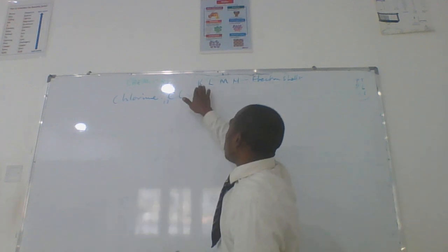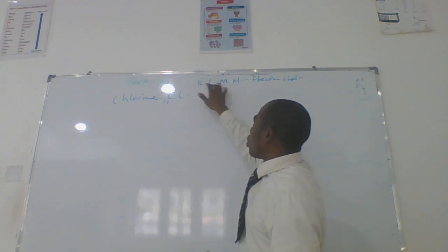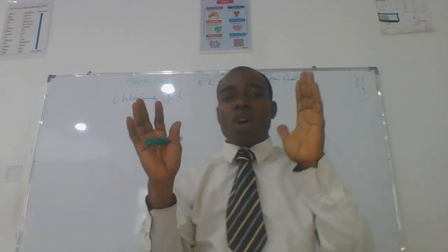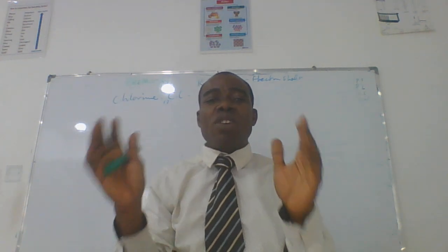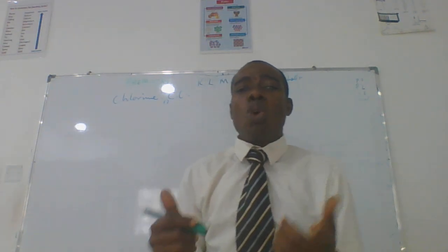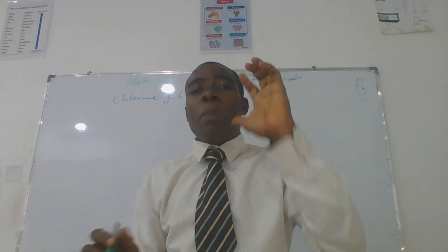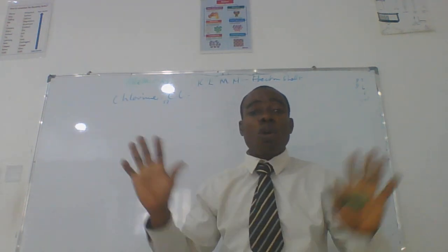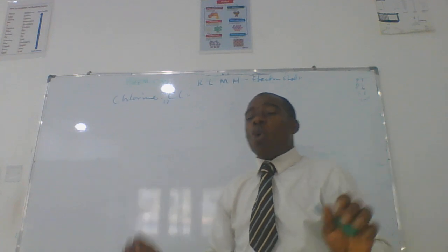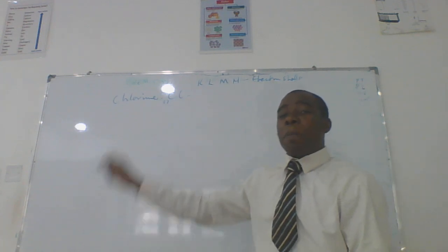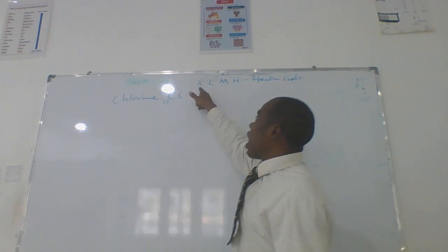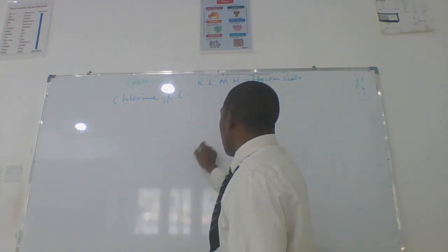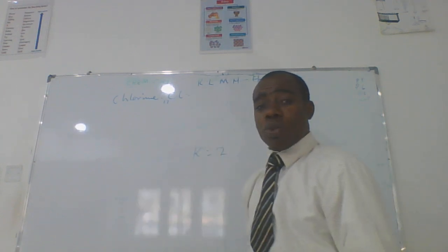No. Each electron shell has a specific capacity of electrons it can contain. For the K shell, the maximum it can take is just 2 electrons out of the 17 for chlorine. Whatever the element is, the maximum that the K shell can occupy is just 2.